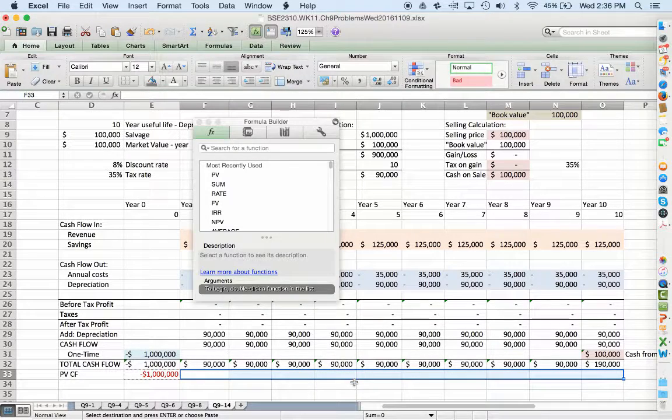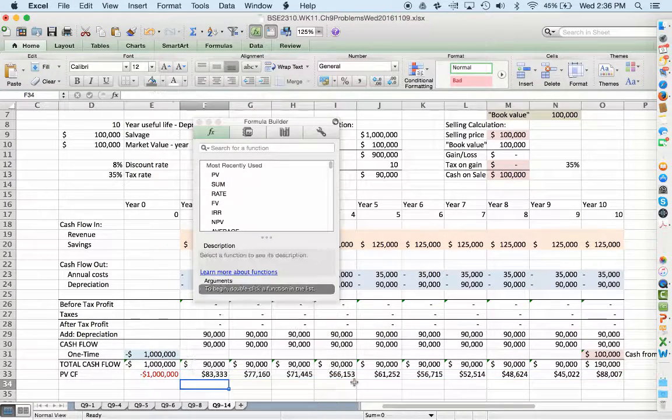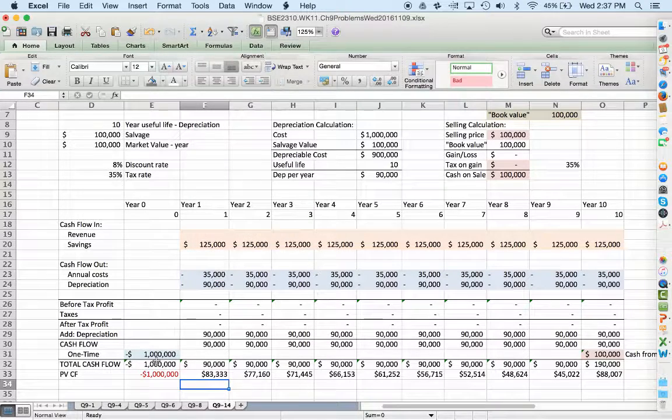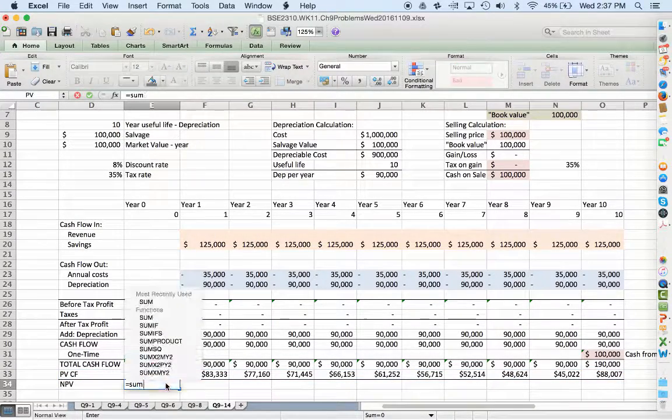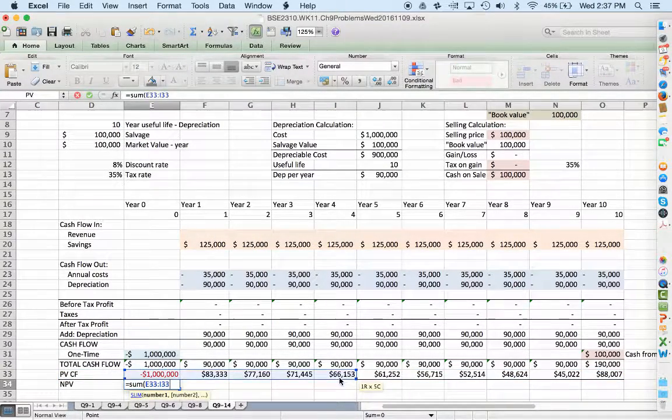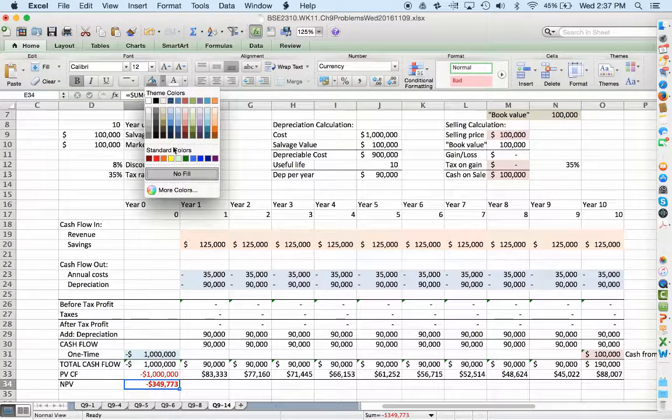So I'm going to copy all of that across. Now I have the present value of all my cash flows, and that will allow me to determine the NPV, which is the sum of all of these cash flows. When you do this calculation, you should get a negative value.